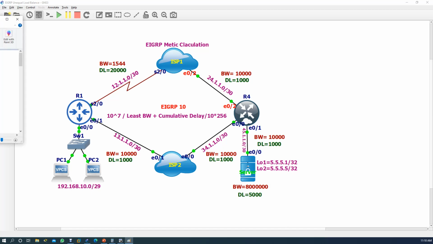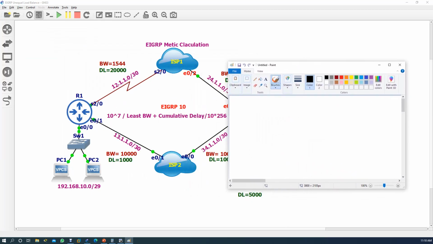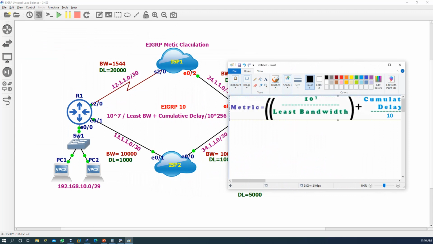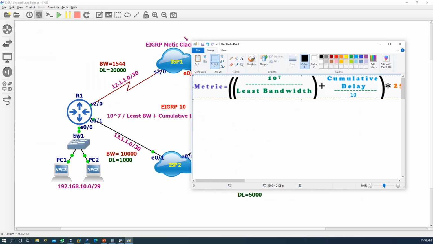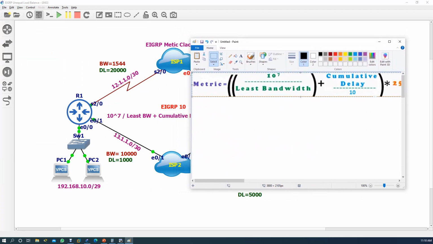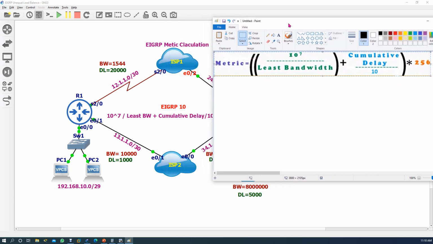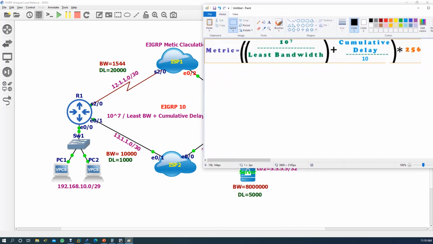The formula is: metric equals 10 to the power 7 divided by least bandwidth, plus cumulative delay divided by 10, multiplied by 256.